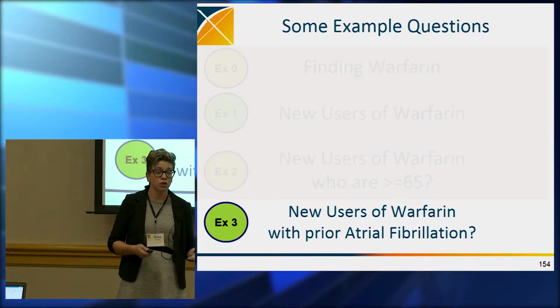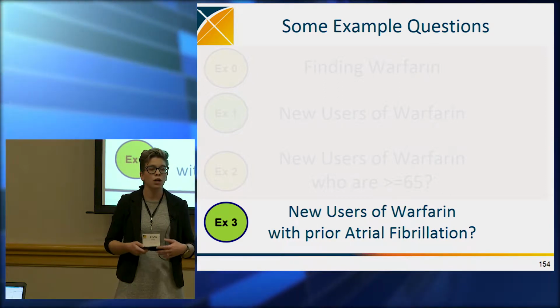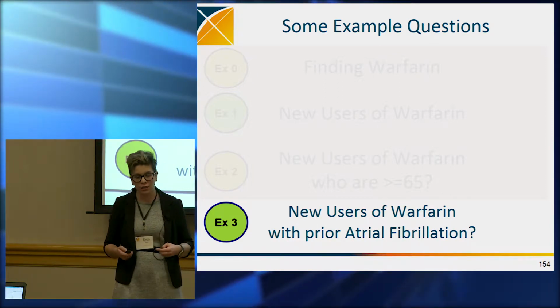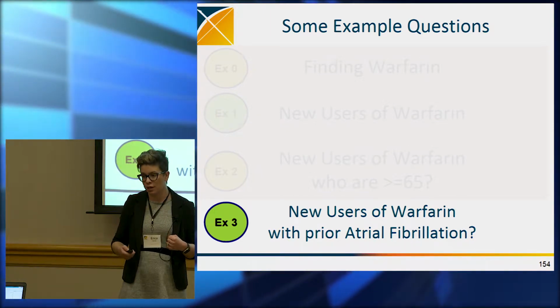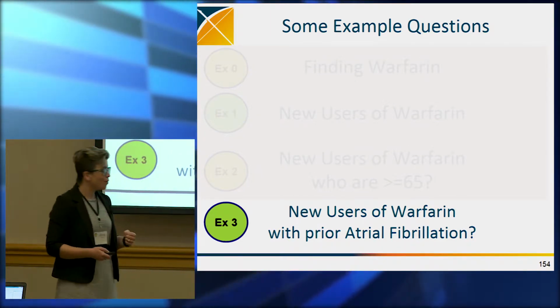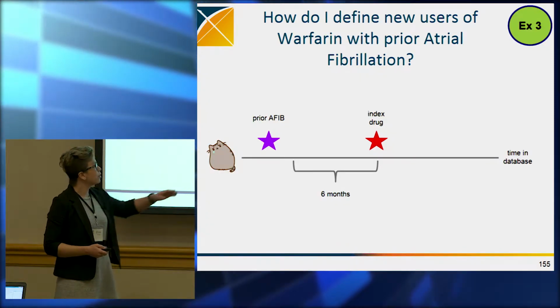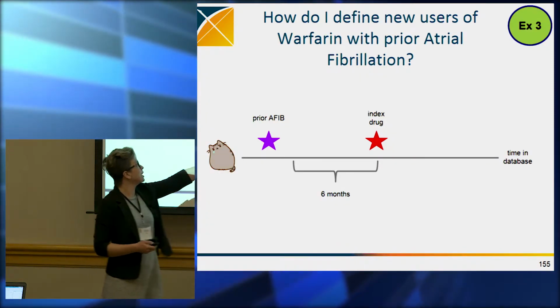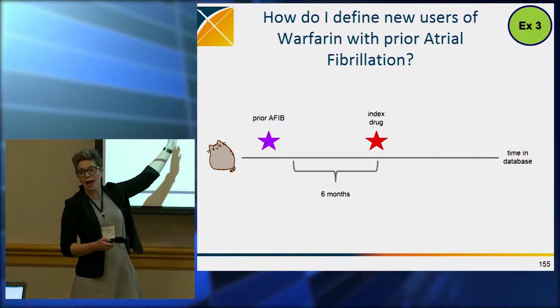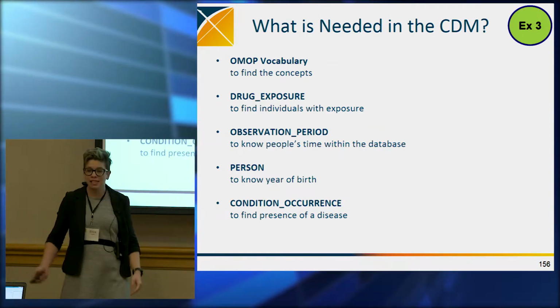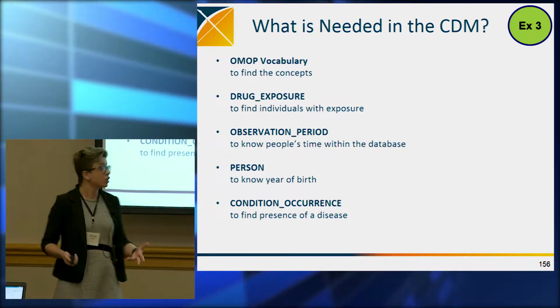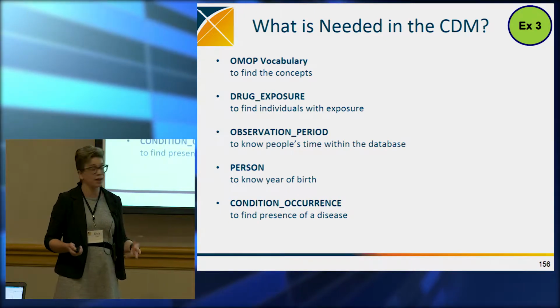A lot of drugs are used for different reasons, and so looking for a prior diagnosis of a disease helps zero in on the patient population that you're interested in. So in this case, what we're looking for is any time prior to the index, do I have that AFib diagnosis code? So in this case, we're going to need the condition occurrence table to help us with that.